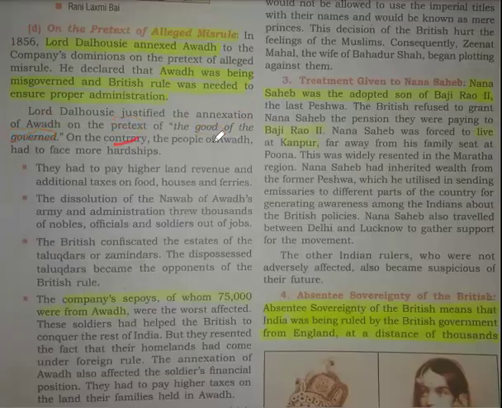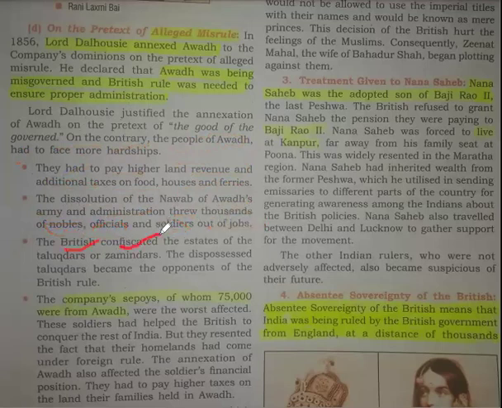On the contrary, the people of Awadh had to face more hardships. They had to pay higher land revenue and additional tax on food, houses, and ferries. The dissolution of the Nawab of Awadh's army and administration threw thousands of nobles, officials, and soldiers out of jobs.